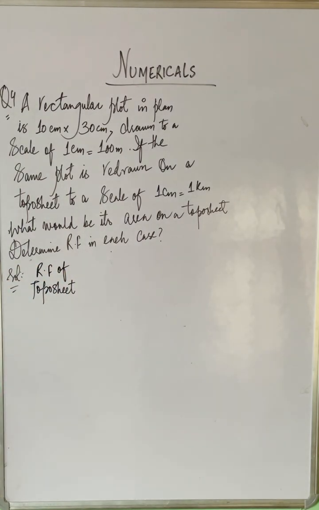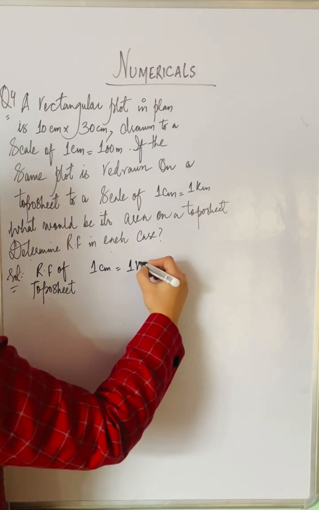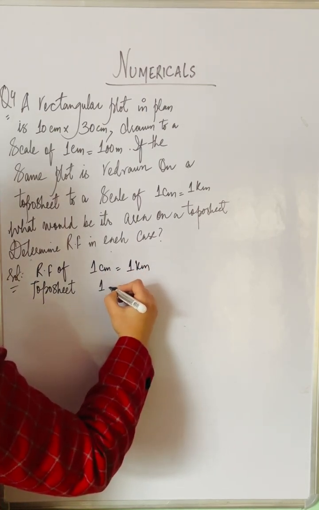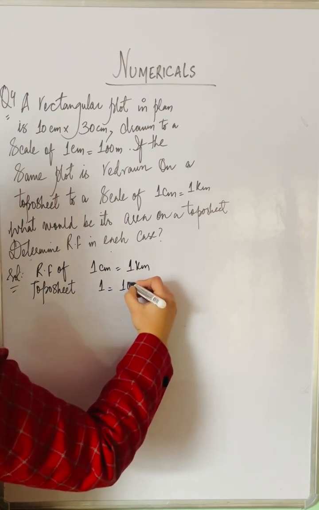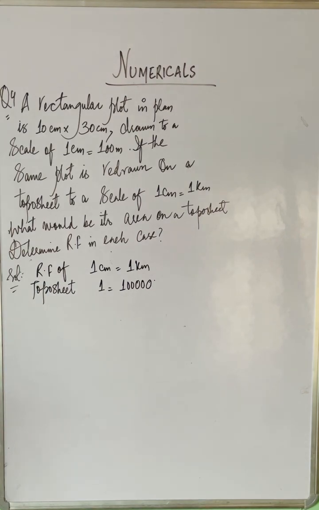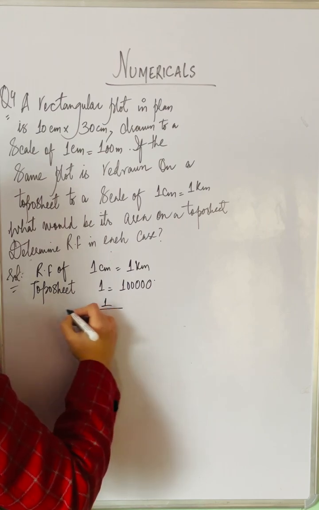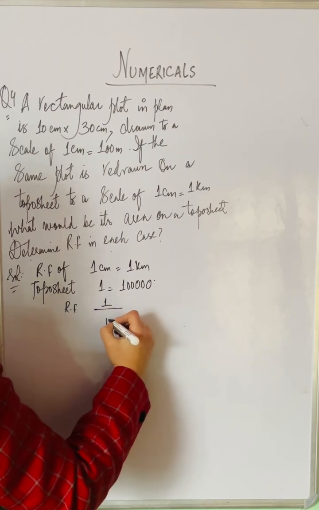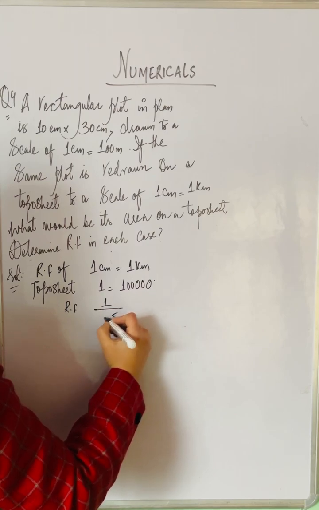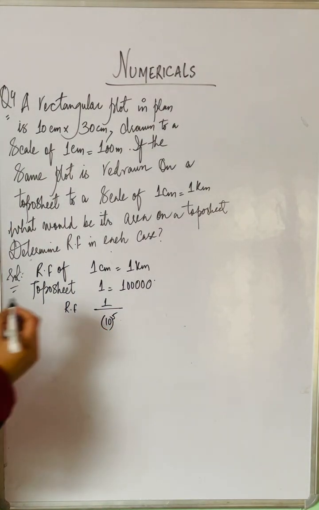It is 1 centimeter equivalent to 1 kilometer, right? So this is the RF of the topo sheet. This is the representative fraction of the topo sheet.